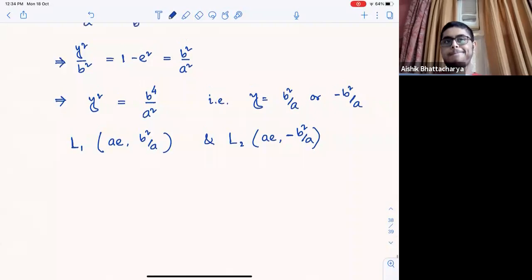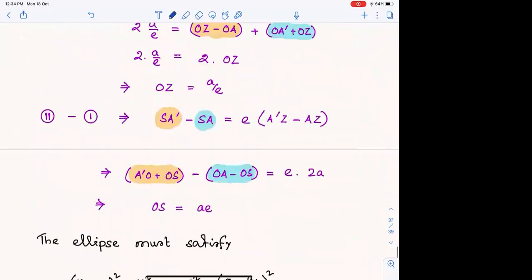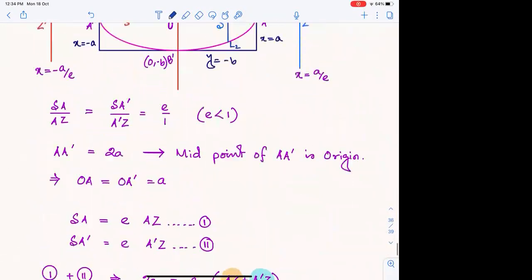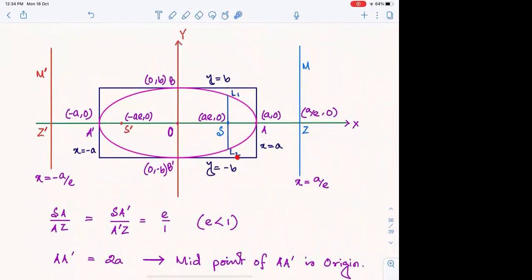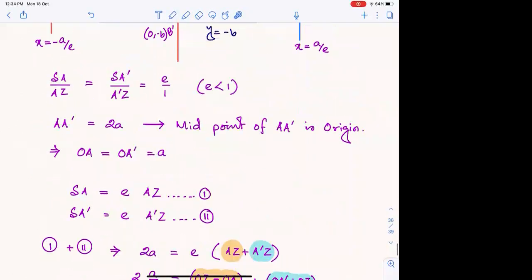Let's have a look at the diagram. So this point is (AE, b squared by a) and this is (AE, minus b squared by a). So can we mark the length of the latus rectum? It is 2b squared by a.